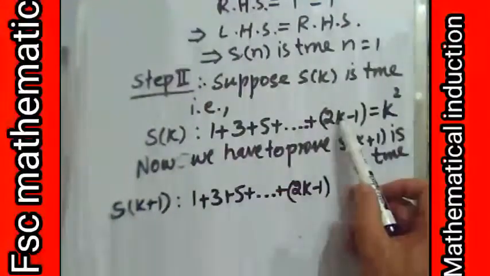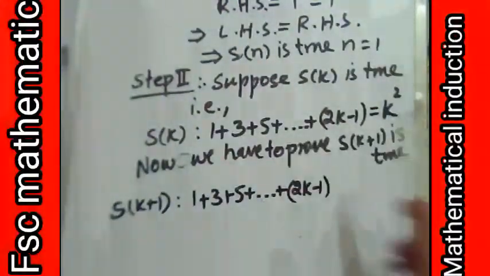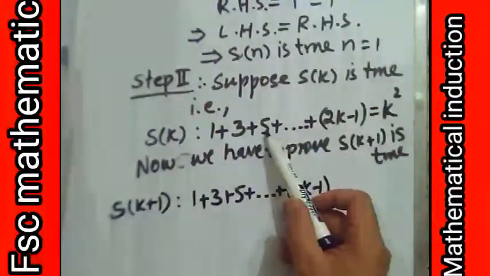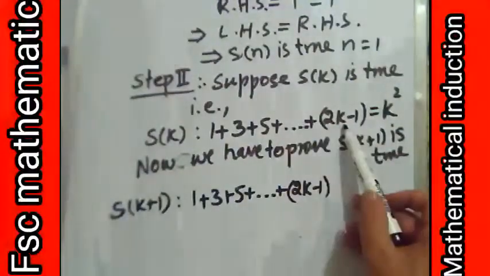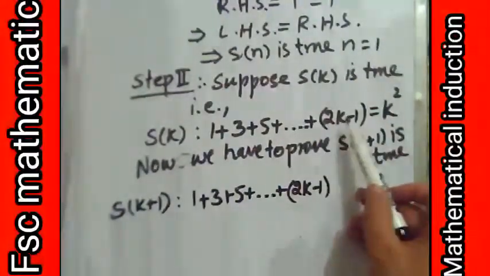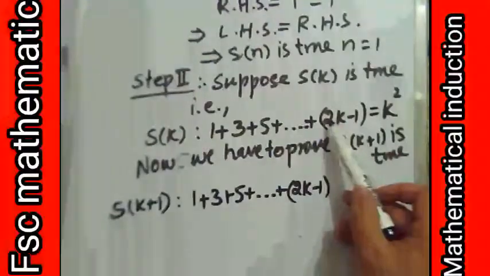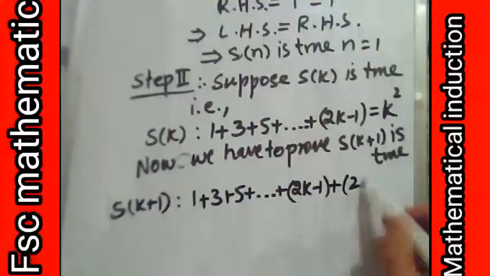If we substitute 2, it becomes 4 minus 1, 3, the second value. If we substitute 3, it gives the third value, 5. If we substitute k, this gives the kth value. This is the general value. Now we substitute k plus 1, it will give us the k plus 1th value. It becomes 2k plus 2 minus 1, finally 2k plus 1.